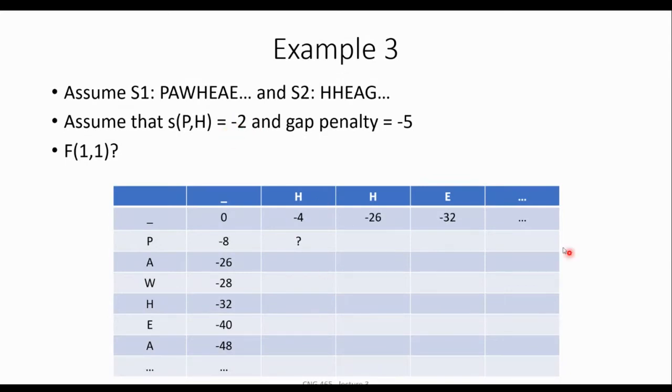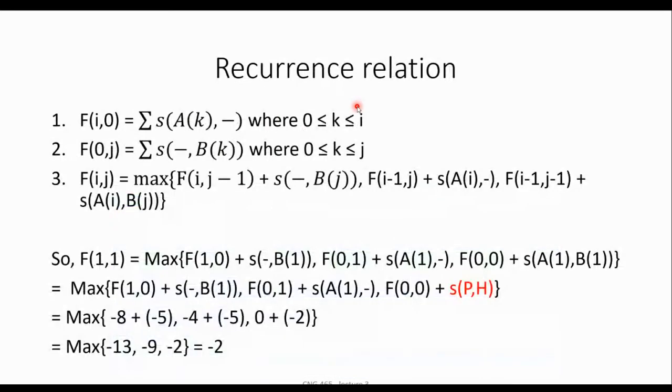If you want to complete the whole table, then I need to give you the score of each combination of the letters, okay? So it means that by the assumptions that I've given you, you can only fill this one. But if I give you more scoring function values, then yes, you can complete the whole thing. For example, S, A, H, or S, W, H. You need to have them, otherwise you cannot come up with the rest of the values.